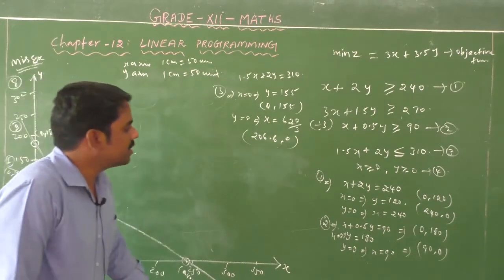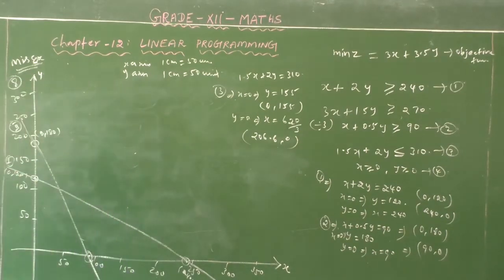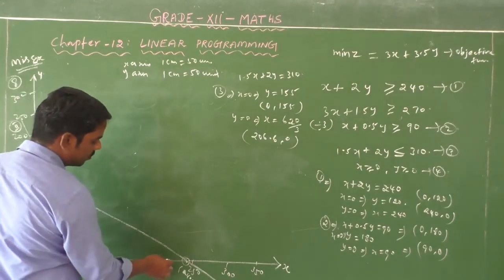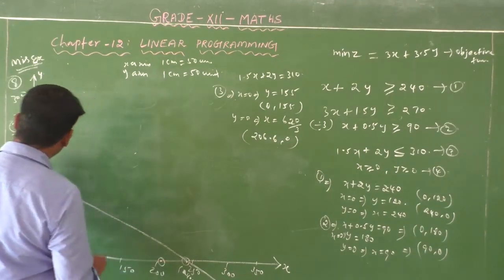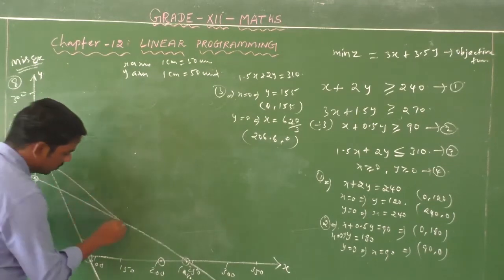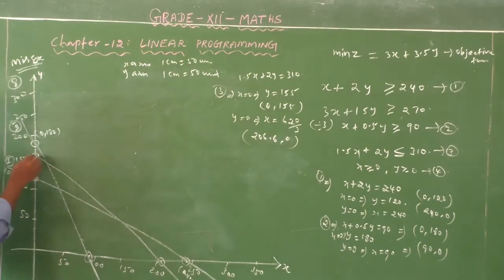Next, the third line passes through (0, 155) and (206, 0). Join these 2 points. This one is the third line.